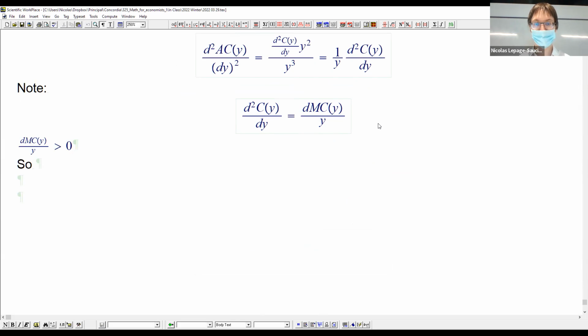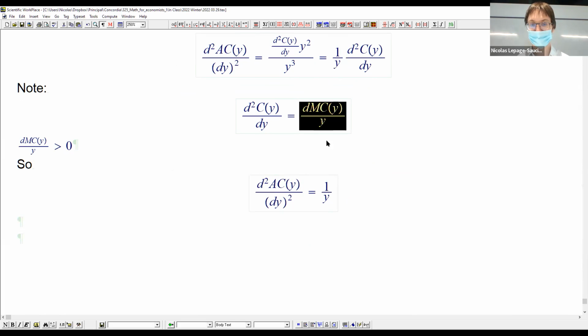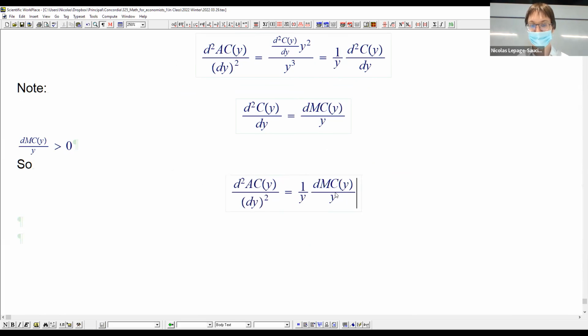So this is equal to 1 over y times this, which is, of course, larger than 0, since 1 over y is just some positive quantity.